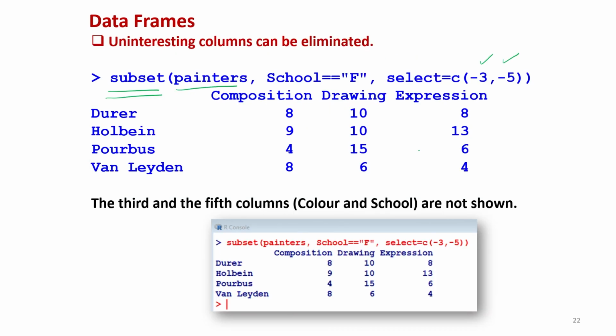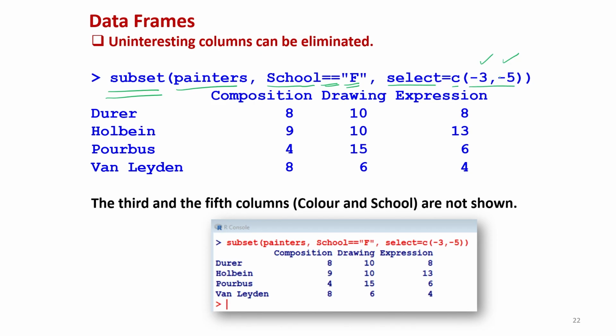So I want to remove school and colors, and I want to have a data set where school is equal to F. So I will write school, a double equality sign, which is a logical operator, equal to F, and in order to eliminate the columns, I have to use the command select with c and within the parenthesis -3 -5.